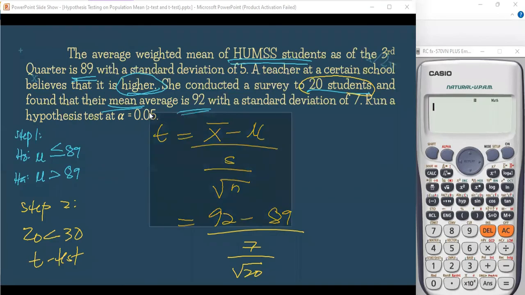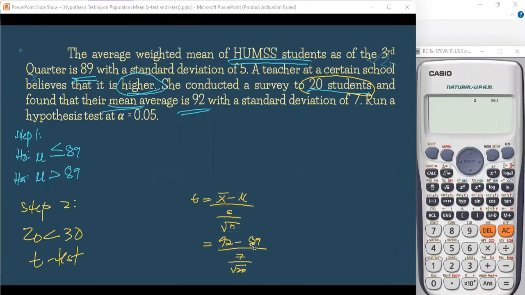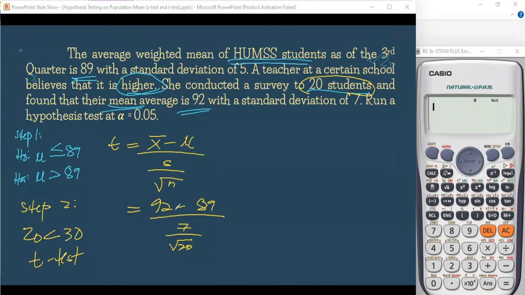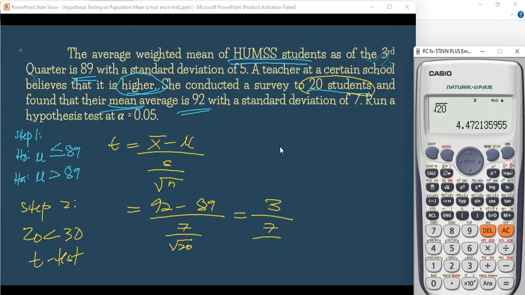So now let's solve. 92 minus 89. So that will give us 3 over 7. What is the square root of 20? 4.47.